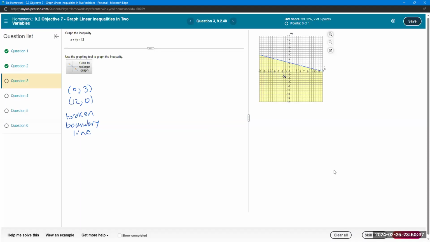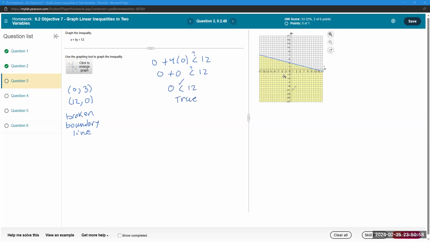So what I did, if you didn't see here, is I put in 0 plus 4 times 0 and said, is it true that that's less than 12? 0 plus 0, is that less than 12? 0 absolutely is less than 12. That's true.